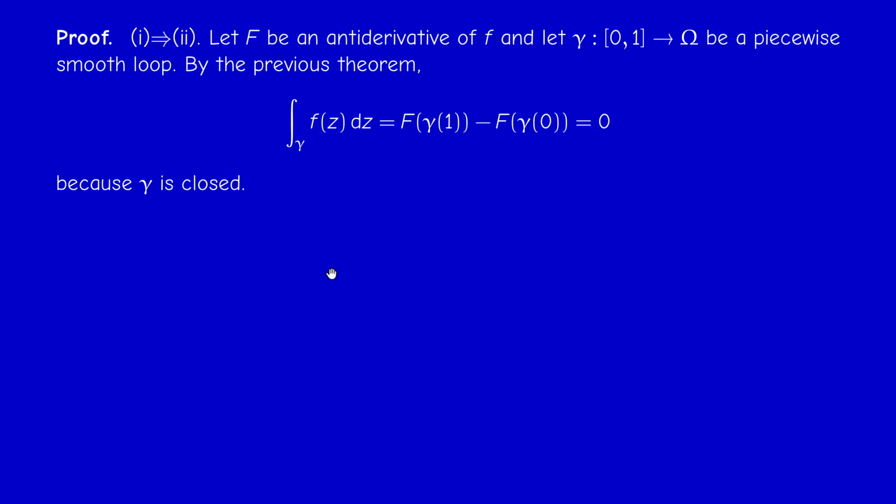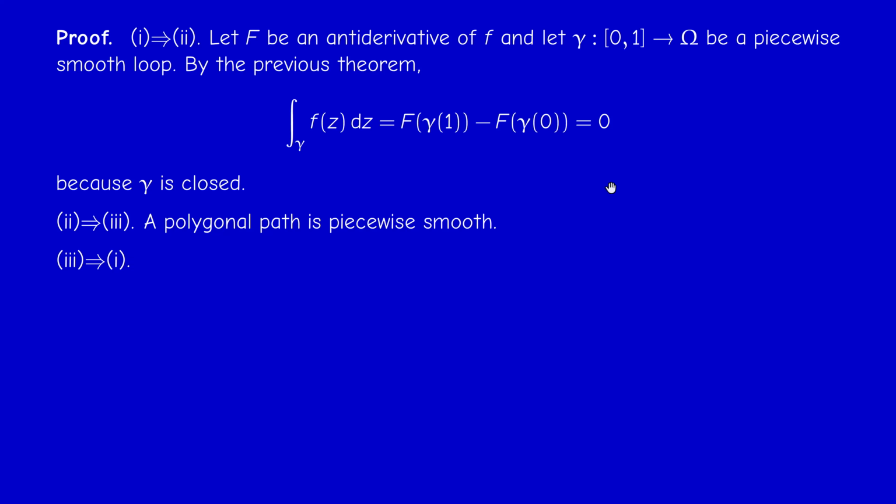But since gamma is a loop, the closed path, the final point and the initial point coincide. So gamma of 1 equals gamma of 0, and therefore the difference is 0. So 1 implies 2. 2 implies 3 is trivial, because a polygonal loop is just a piecewise smooth loop, so it's a particular case.